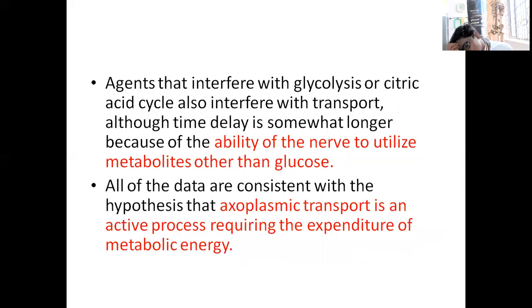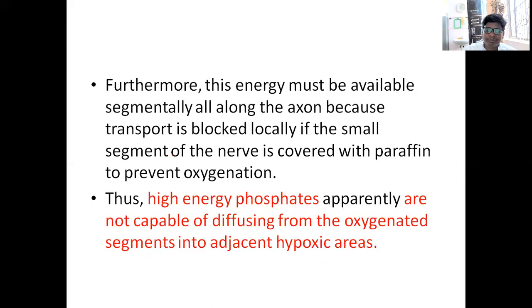Agents that interfere with glycolysis and the citric acid cycle also interfere with the transport, although the time delay is somewhat longer because of the ability of the nerve to utilize metabolites other than glucose. All the data are consistent with the hypothesis that axoplasmic transport is an active process requiring the expenditure of metabolic energy.